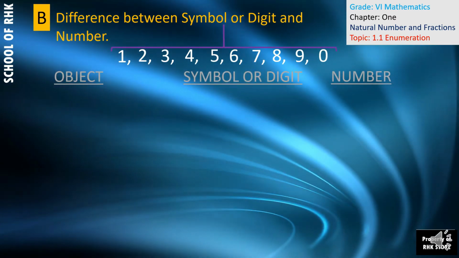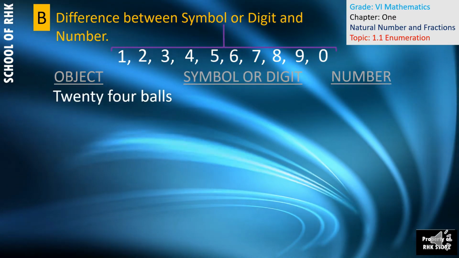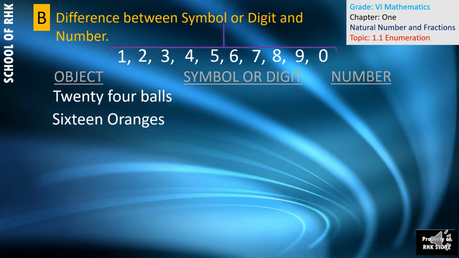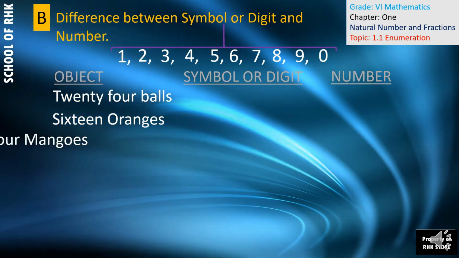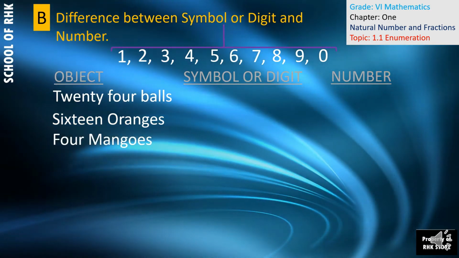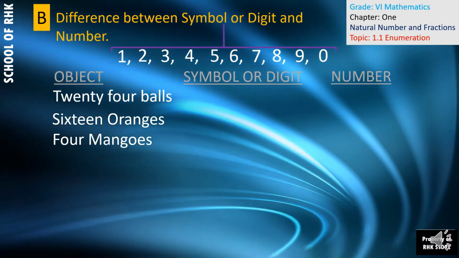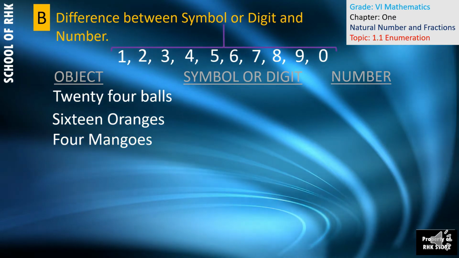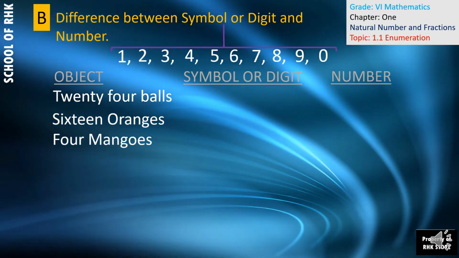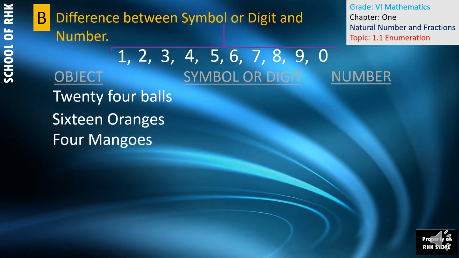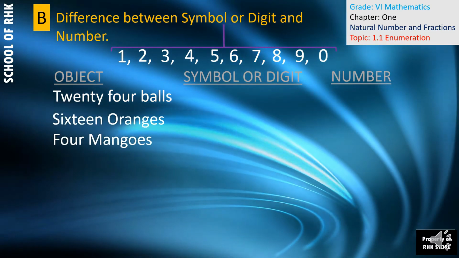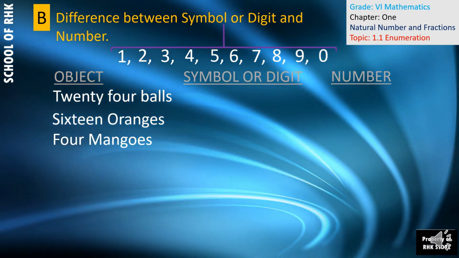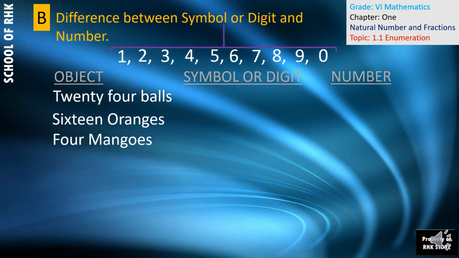Suppose we have 24 balls, 16 oranges and 4 mangoes. When we express the quantity of these objects in numeric value using a symbol or a digit, we can write like this.